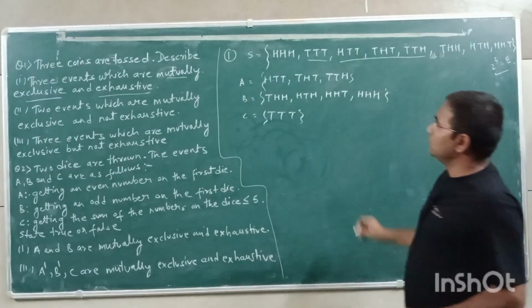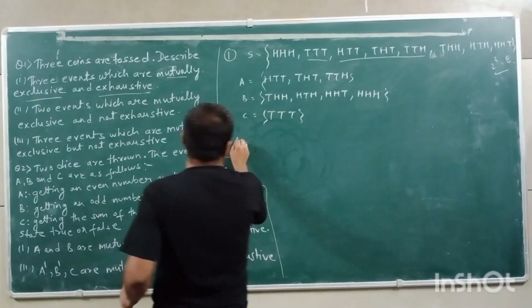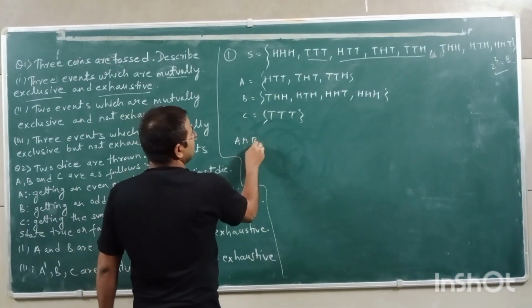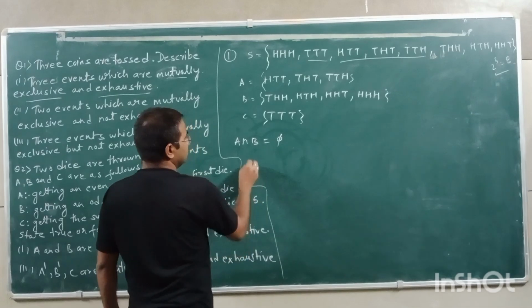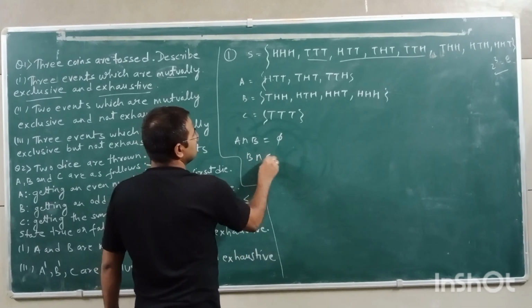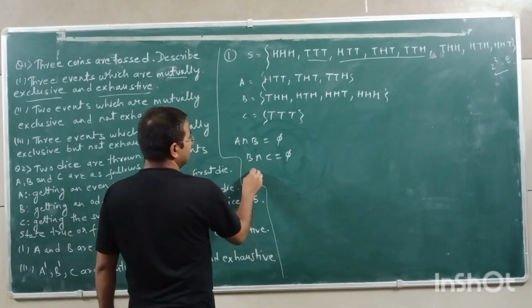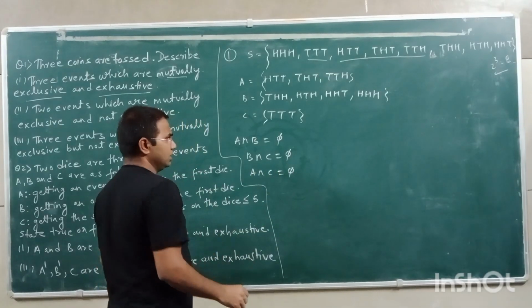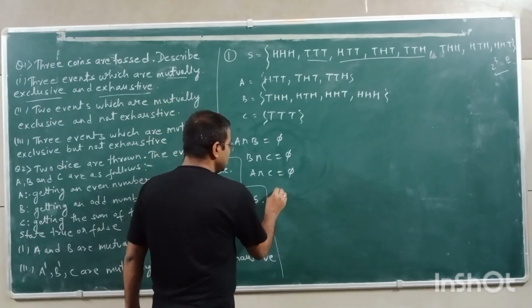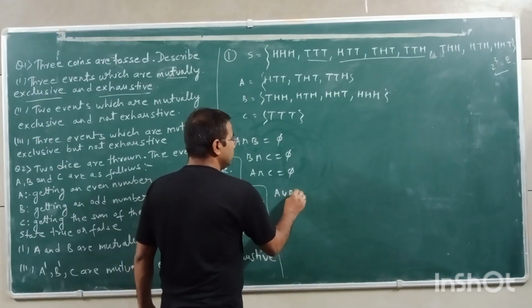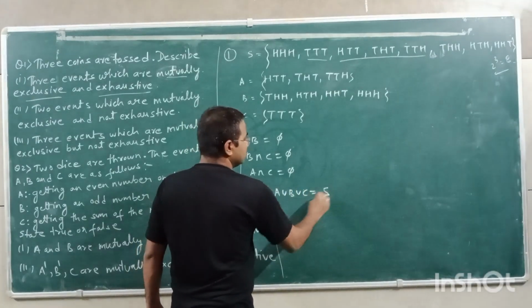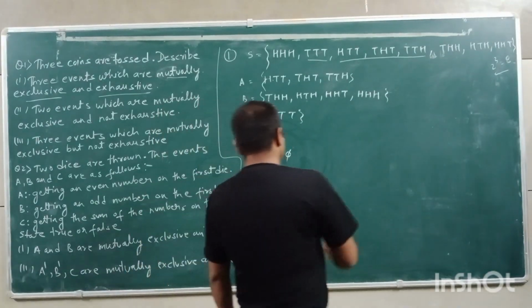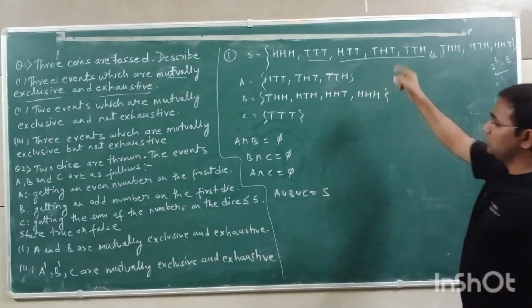A intersection B is phi, B intersection C is phi again, A intersection C is phi again. A union B union C gives the sample space, all the elements.